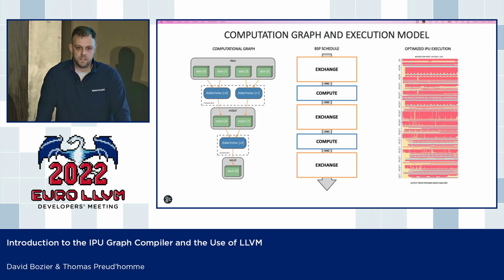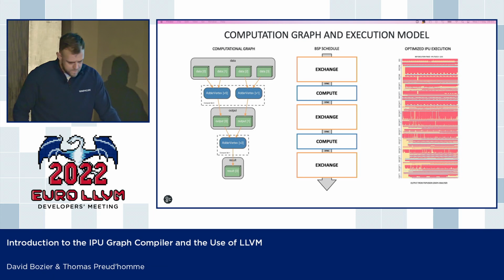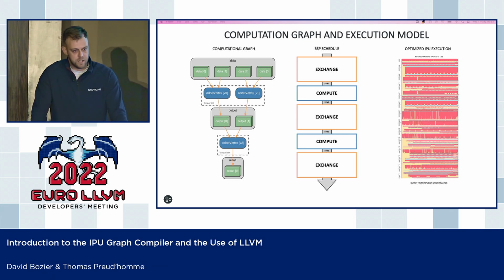So all machine intelligence applications can be represented as a computational graph. And there's 3 simple constructs to that. So we have data that is to be processed by the graph, vertices that perform that processing on that data, and then we have the edges that define the communication pattern between data and vertices.